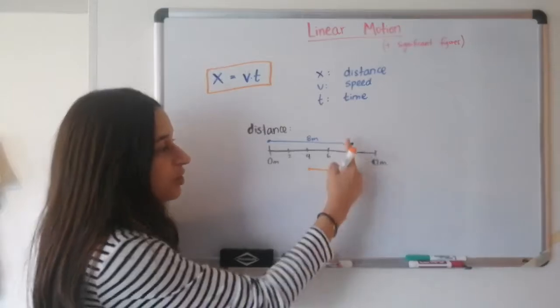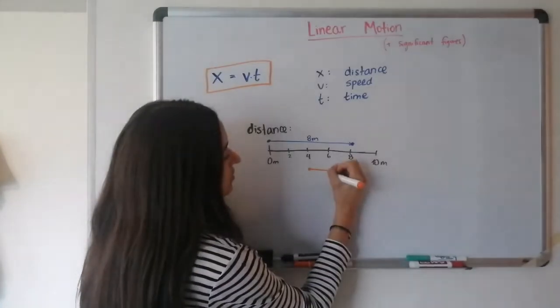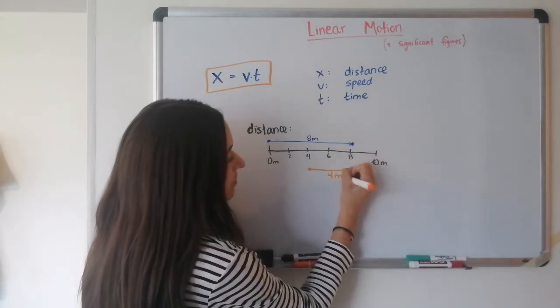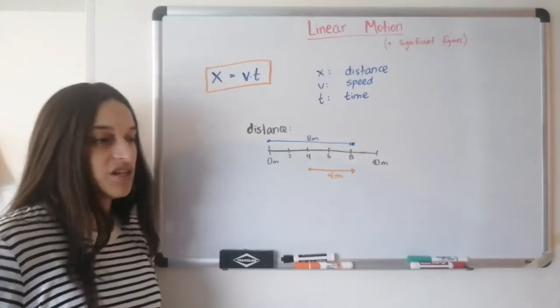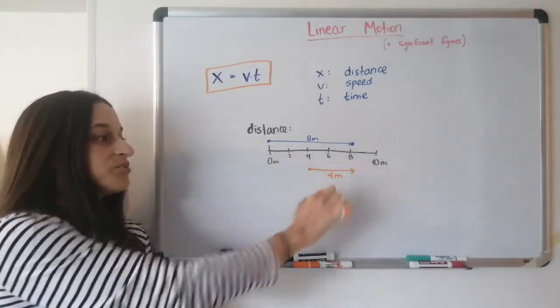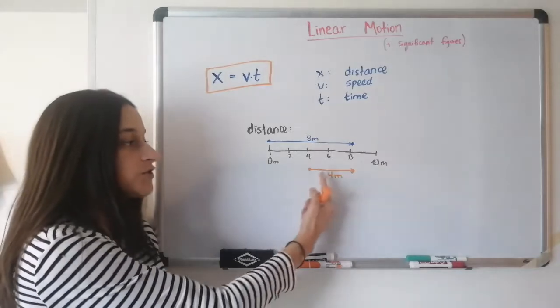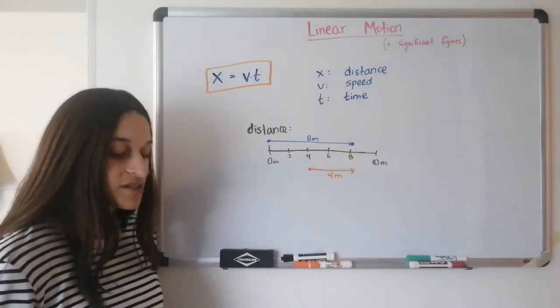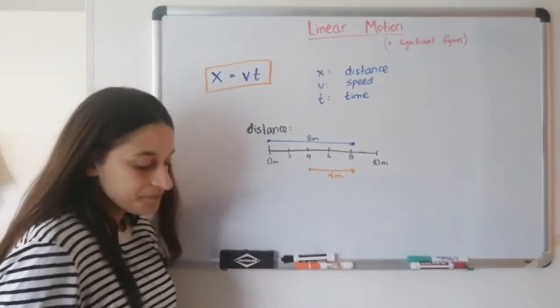So even though they both finished at 8, this person went from 4 to 8, which means his distance was 4 meters. So when we talk about distance, remember to not put the initial point, not put the final point, just put that difference. How much a person moved from their starting point to their ending point, no matter where it was. So that's distance.